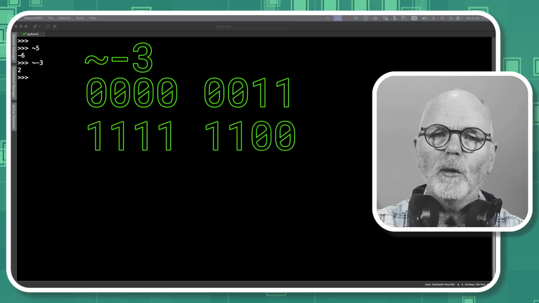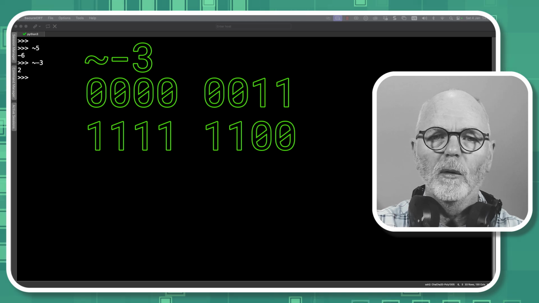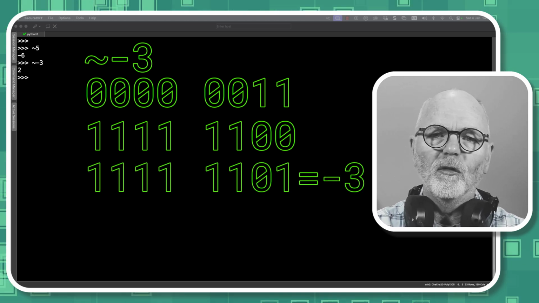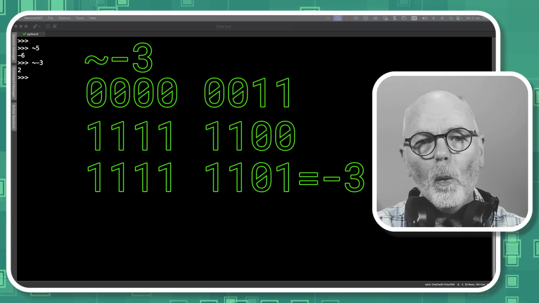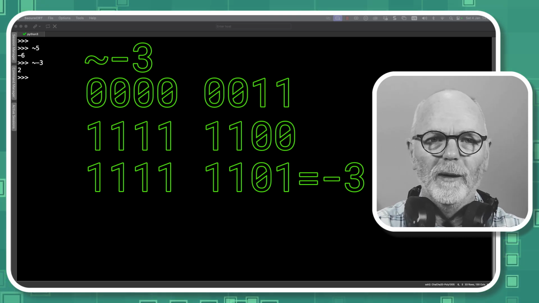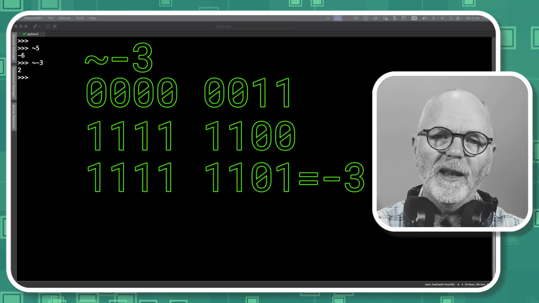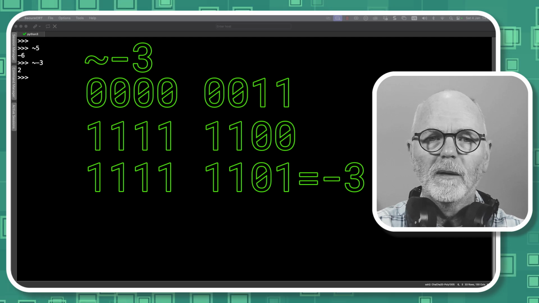We flip all of the bits, and that's going to give us 1, 1, 1, 1, 1, 1, 0, 0. We add 1 to it, and that becomes then 1, 1, 1, 1, 1, 1, 0, 1. Our negative 3 then is represented by 1, 1, 1, 1, 1, 1, 0, 1.